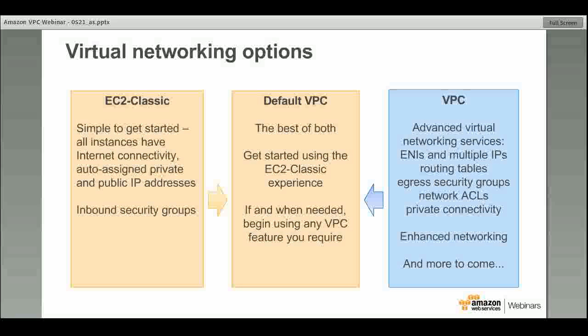Now on the right-hand side, we launched our virtual private cloud service in 2009, and we've begun to add a series of advanced virtual networking services as part of our EC2 networking service. With VPC, customers are able to take advantage of a number of advanced capabilities, including our elastic network interfaces, multiple IP addresses, routing table support, support for filtering traffic both inbound and outbound, as well as network ACLs, which provides a separation of function capability between server administrators and underlying infrastructure network administrators.